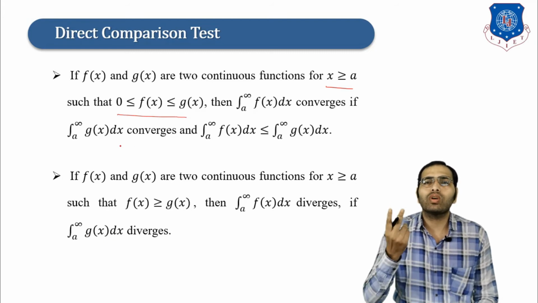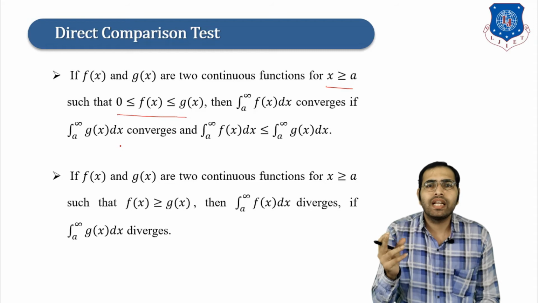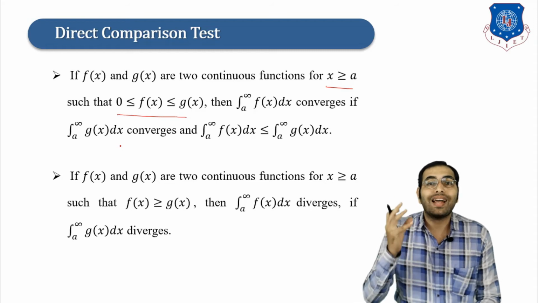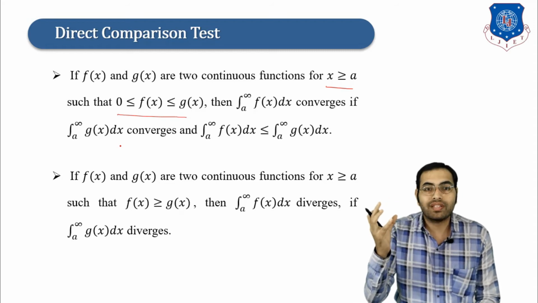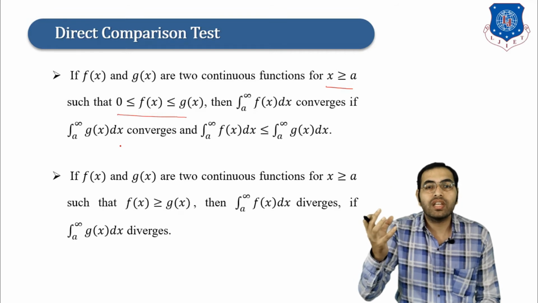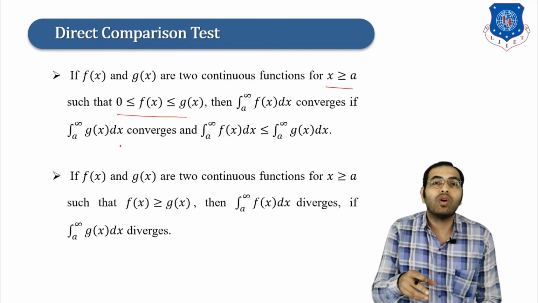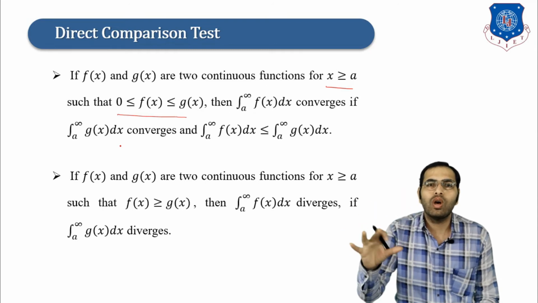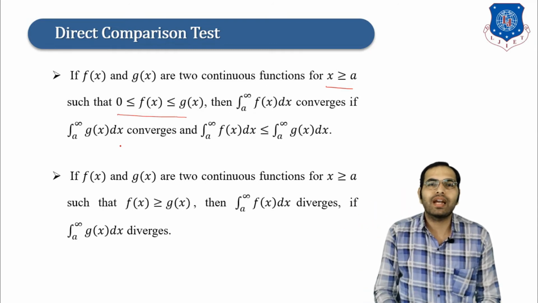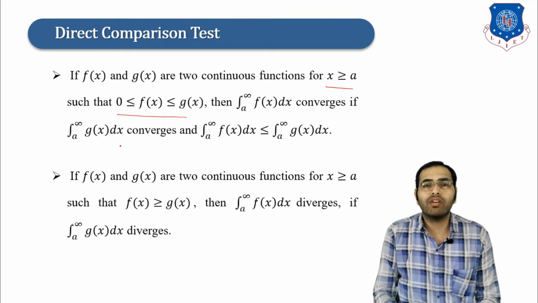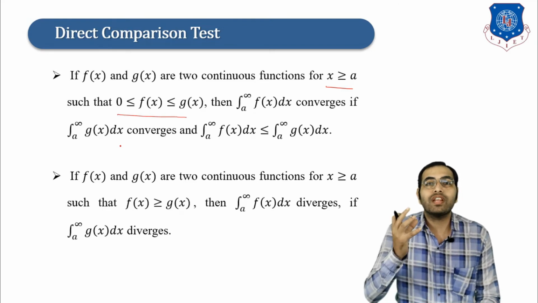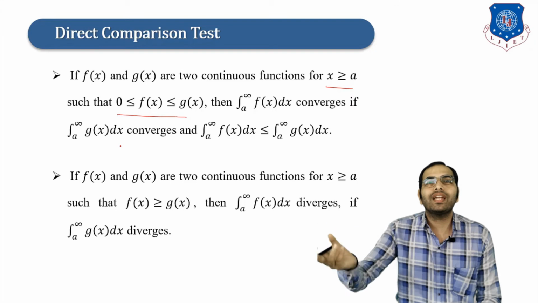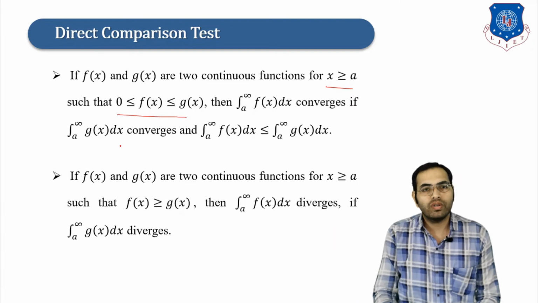Here we have two functions f of x and g of x. If the larger function g of x is convergent, then automatically f of x is also convergent; that is, if the larger function converges, then the smaller function also converges. Similarly, if f of x is greater than or equal to g of x and the smaller function diverges, then automatically the larger function also diverges.